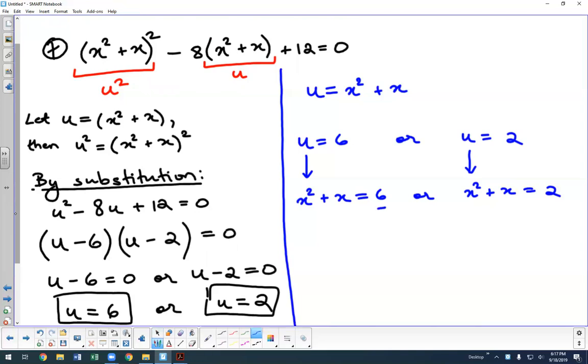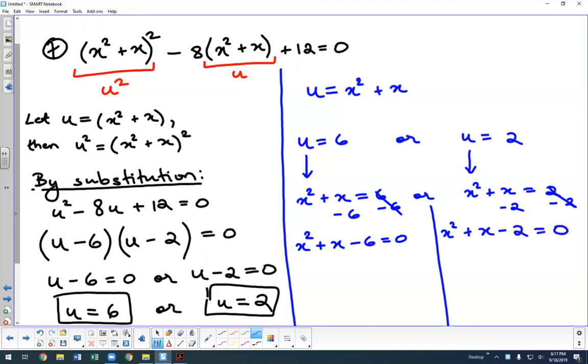So I'm going to subtract 6 here, bring it to the left, and this will end up becoming x squared plus x minus 6 equal to 0. Or when we subtract our 2 here, we end up getting x squared plus x minus 2 equal to 0, which again, you can actually try factoring at this stage also.